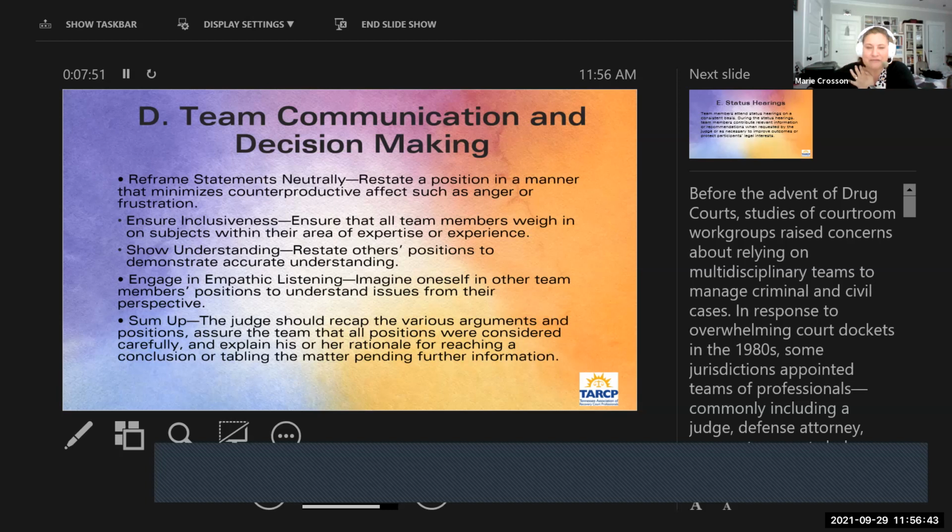Be inclusive, making sure everybody has an opportunity to participate, and especially if they have an area of expertise that's really needed for that. Show understanding, participate in empathetic listening, which is try to put yourself in the position of the other person. If you're struggling because you think that they're not listening to you, they might be in the same exact position where they are struggling because you aren't listening to them.